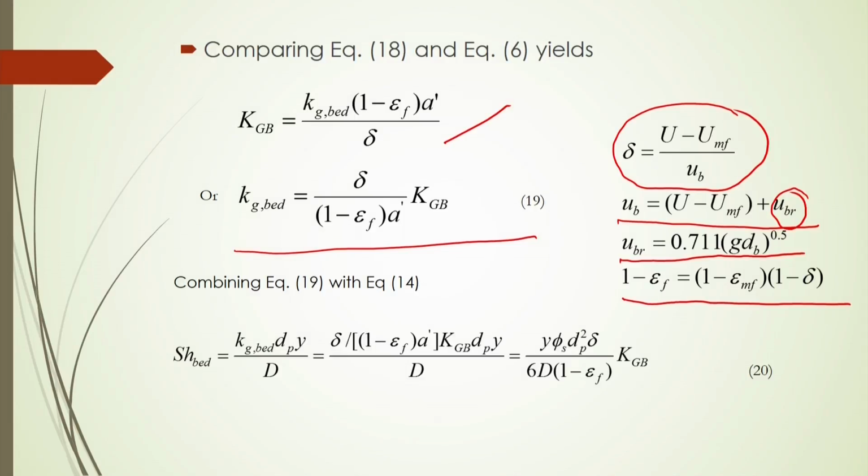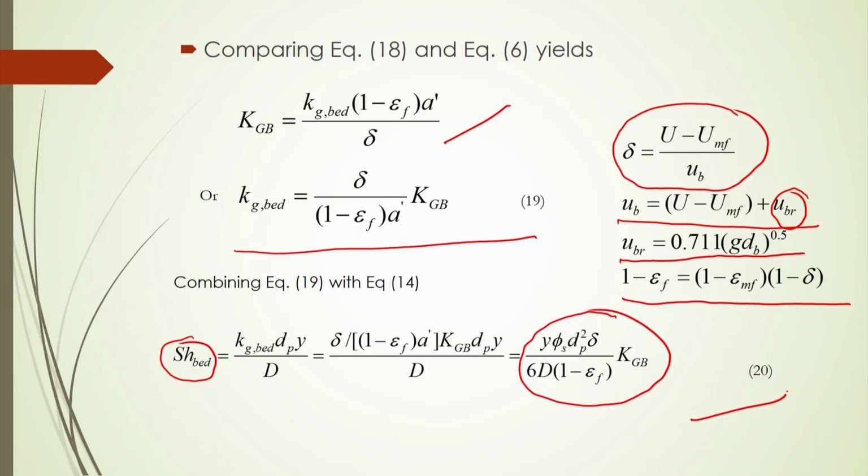Now, combining equation number 19 with equation number 14, you can say the Sherwood number of the bed, Sh bed, will be represented by this equation, that is phi_s d_p square delta by 6 D into 1 minus epsilon f into Kgb.